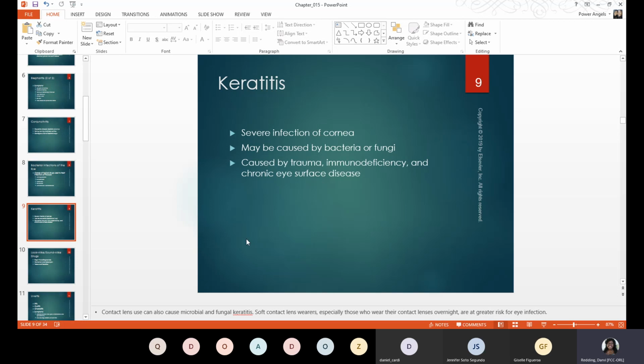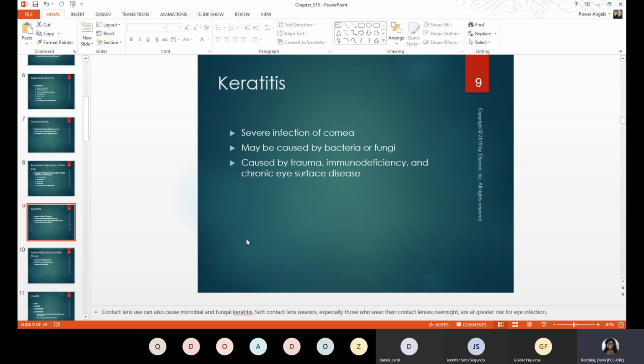Now remember, the cornea is the transparent tissue that covers the interior portion of the eye. So how is keratitis formed? It might be caused by bacteria or fungi. It's caused by either trauma or immunodeficiency, and it can also be a chronic eye surface disease.